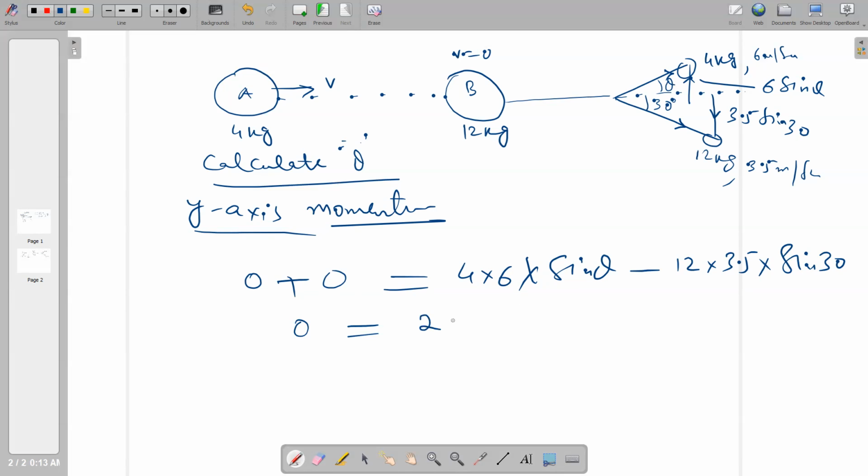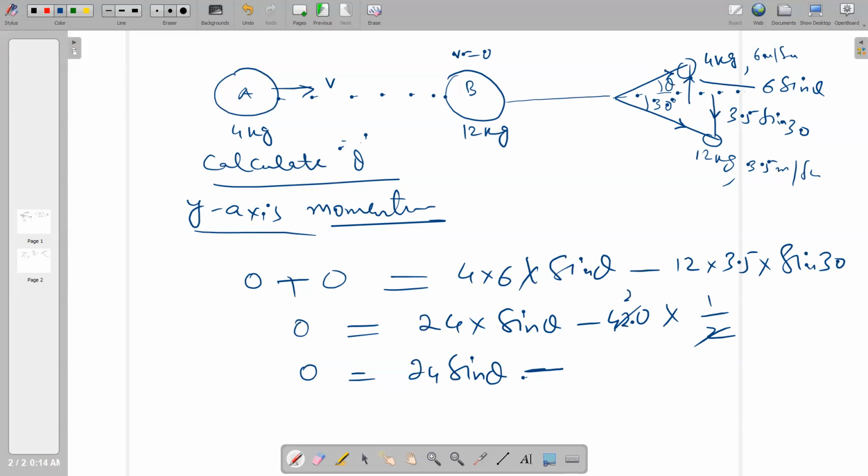0 is equal to 24 into sine of theta minus 42 into sine of 30, which is 1 by 2. So 24 sine of theta is equal to, and this is cancel, 21.